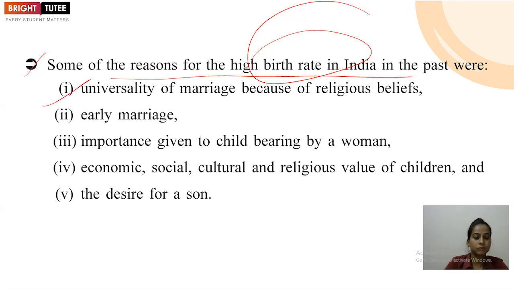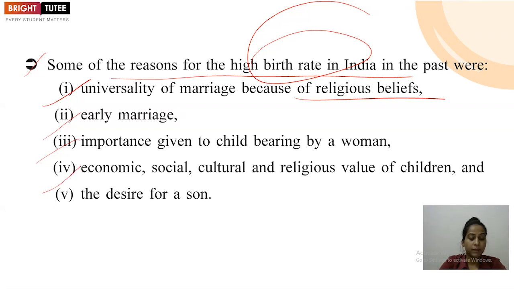The first one was universality of marriage because of religious beliefs. Secondly, early marriage was also a reason for high birth rate. Earlier, the importance given to childbearing by a woman was also a factor leading to high birth rate.